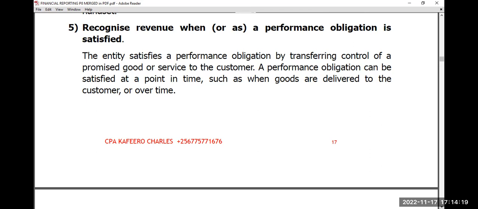Basically, we are going to look at some of these performance obligations. What do we mean by a performance obligation satisfied at a point in time and over time?